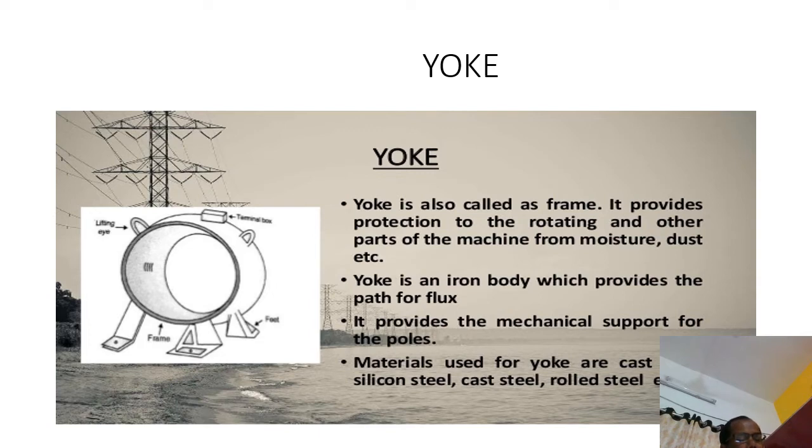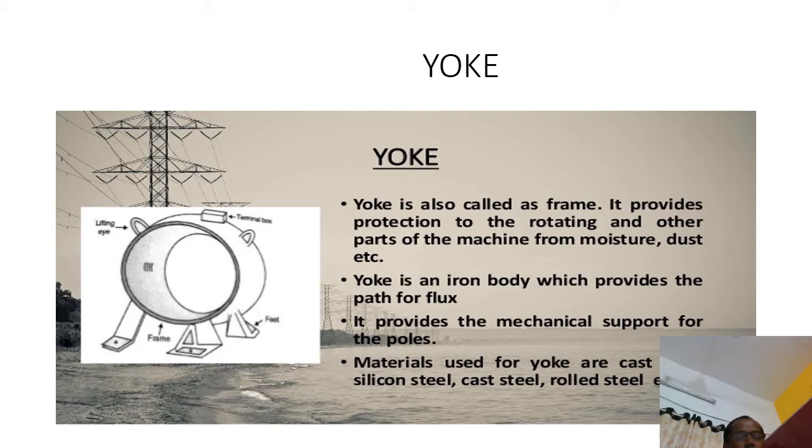The yoke serves a double purpose. It protects the entire machine from dust and dirt, and also provides mechanical support for the magnetic poles. It acts as a return path for the magnetic flux.